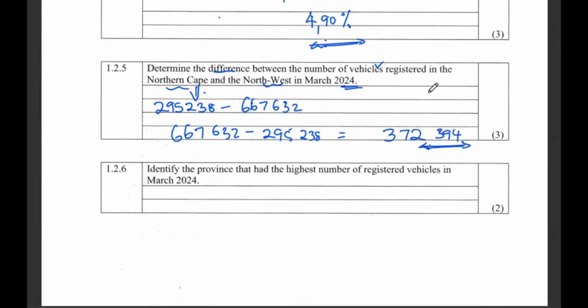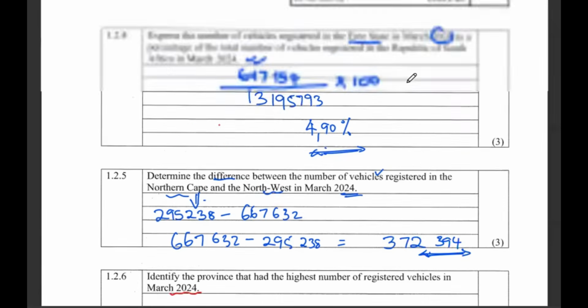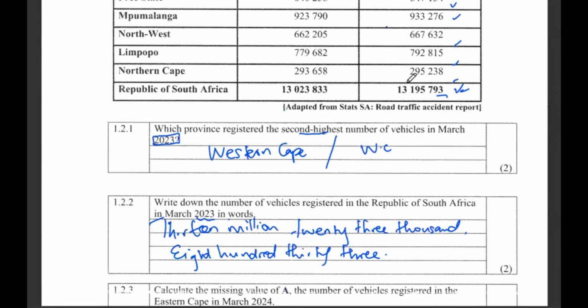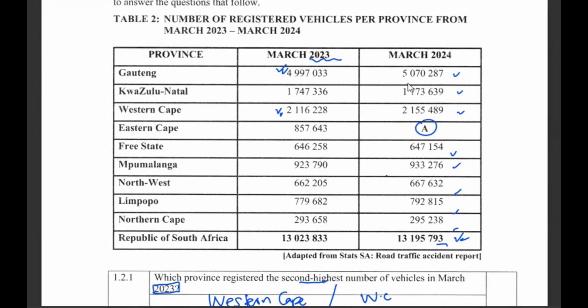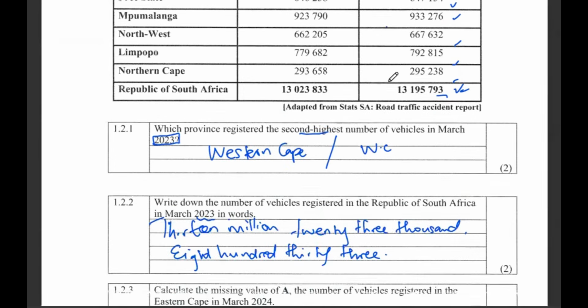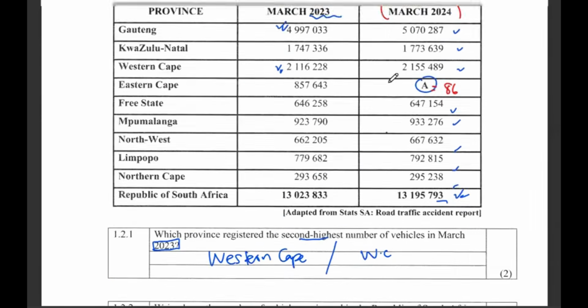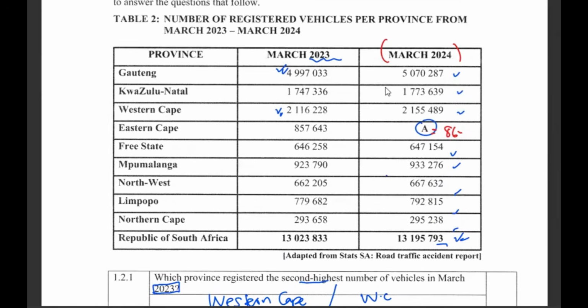Then identify the province that had the highest number of registered vehicles in March 2024. So in March 2024, okay, this is our interest. Remember, our A was 860,263.